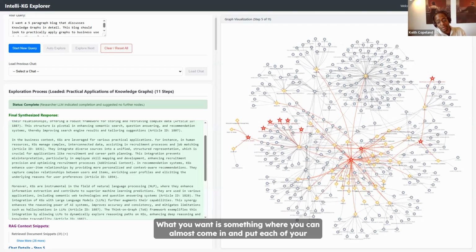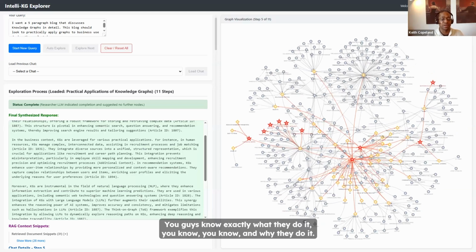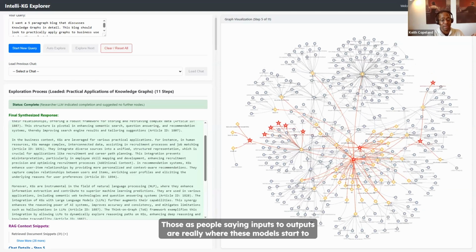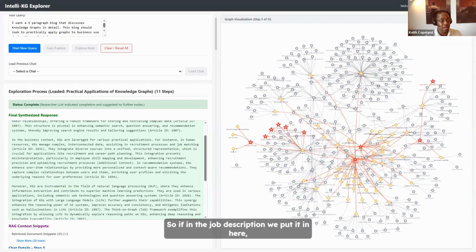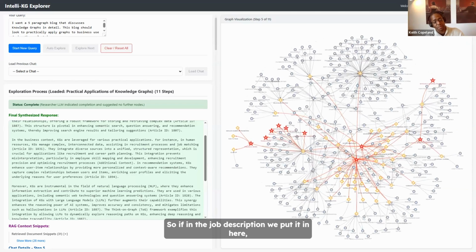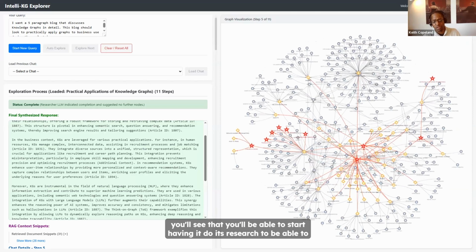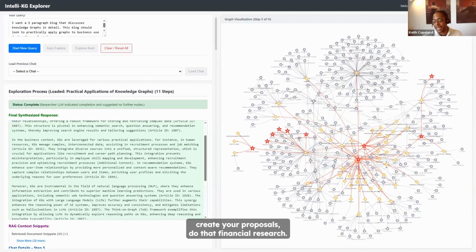What you want is something where you can almost come in and put each of your different users. You guys know exactly what they do, and why they do it. Those, as Pete was saying, inputs to outputs are really where these models start to shine. So if in the job description we put it in here, you'll be able to start having it do its research to create your proposals, do that financial research.